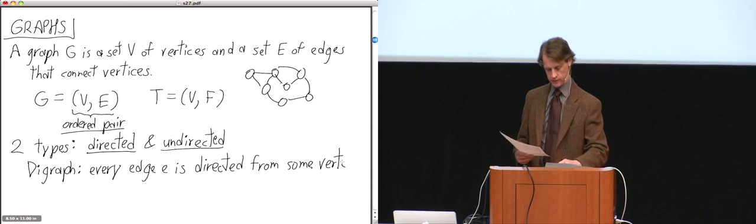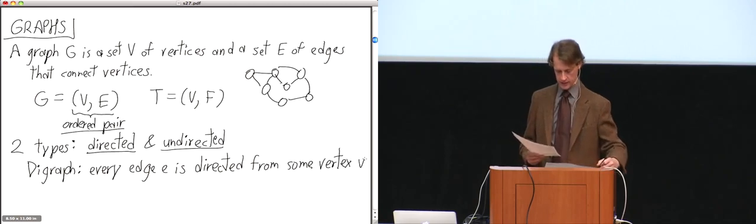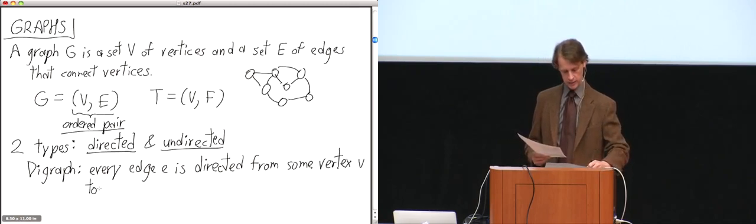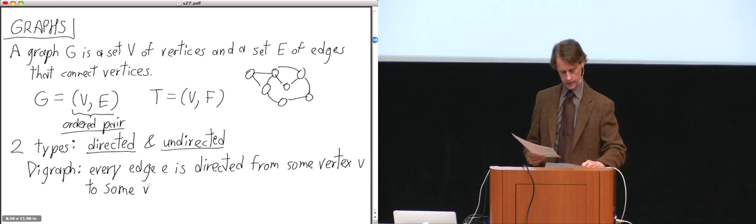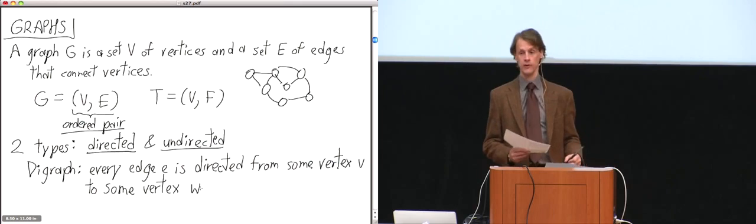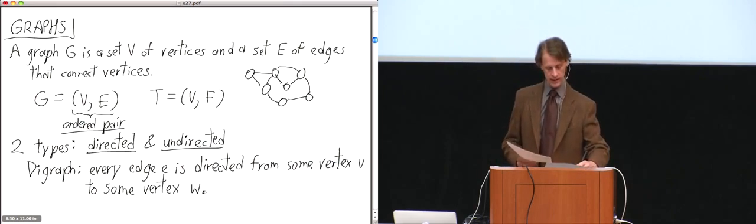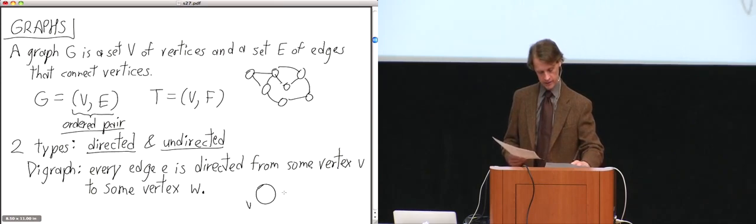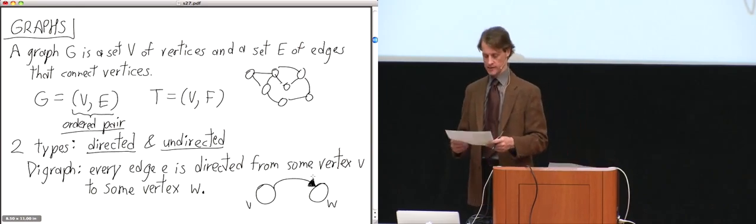So let's say it's directed from some vertex, call it V, to some other vertex, W. Or maybe to the same vertex. You can have an edge directed from a vertex to itself. So we will draw that like this. Here's a vertex V, here's a vertex W. The edge will have an arrowhead that tells us which way that edge points.